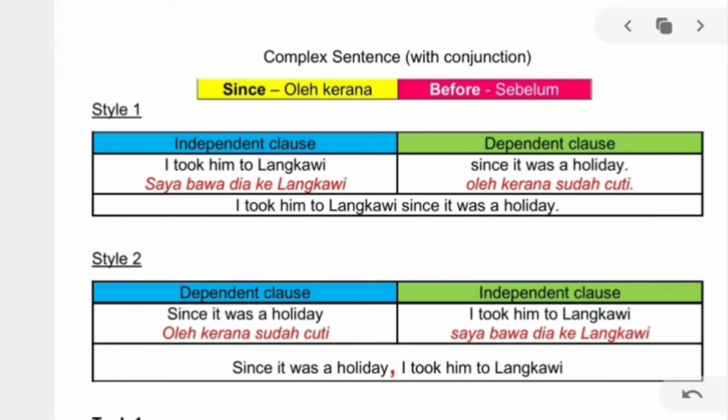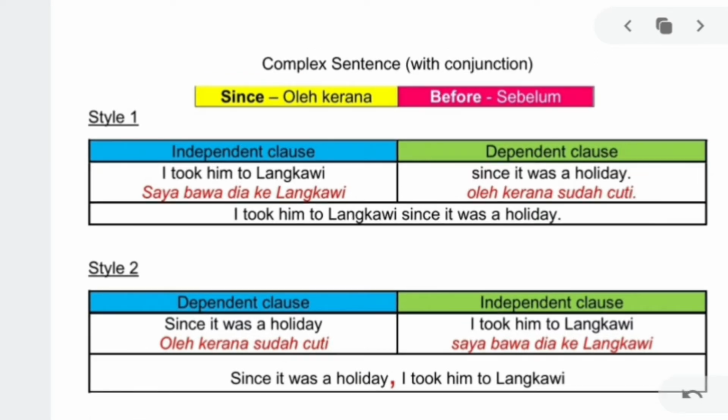As for today, we are going to learn a complex sentence that is built by combining an independent clause with dependent clause using a conjunction. Pada kali ini, kita akan belajar tentang ayat kompleks yang terbina dari gabungan independent clause dan juga dependent clause menggunakan kata penghubung.